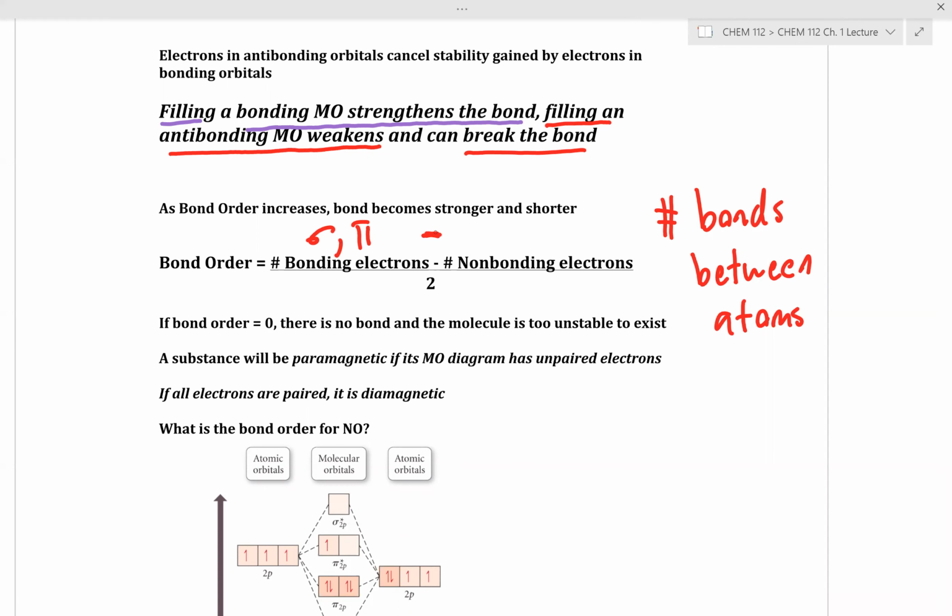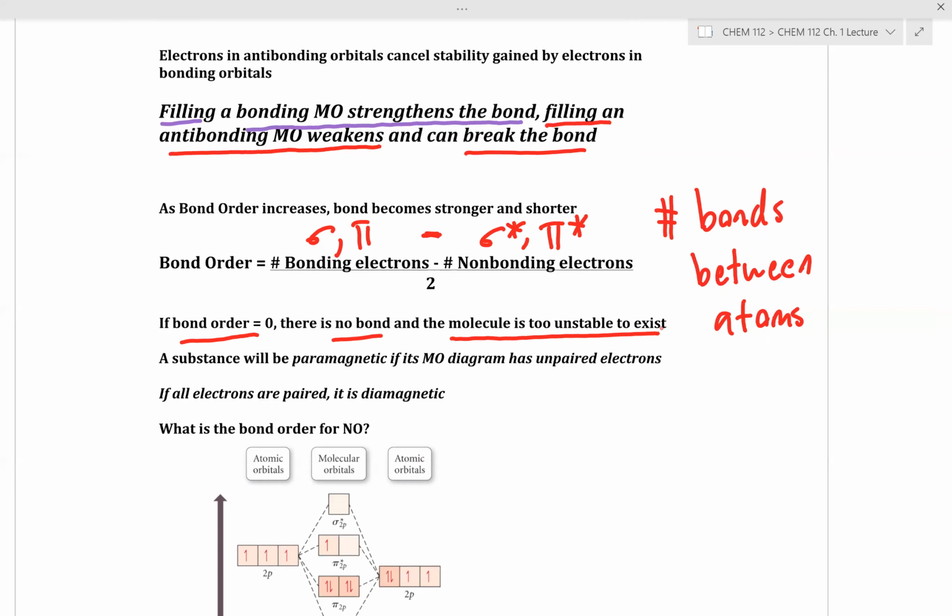Instead of sigma and pi, it would be sigma star and pi star. Okay. So from this equation, we're going to figure out the number of bonds between our atoms. Okay? And if the bond order is 0, then there's no bond and the molecule is not stable enough to exist. There's no bond between atoms. We don't have a bond.